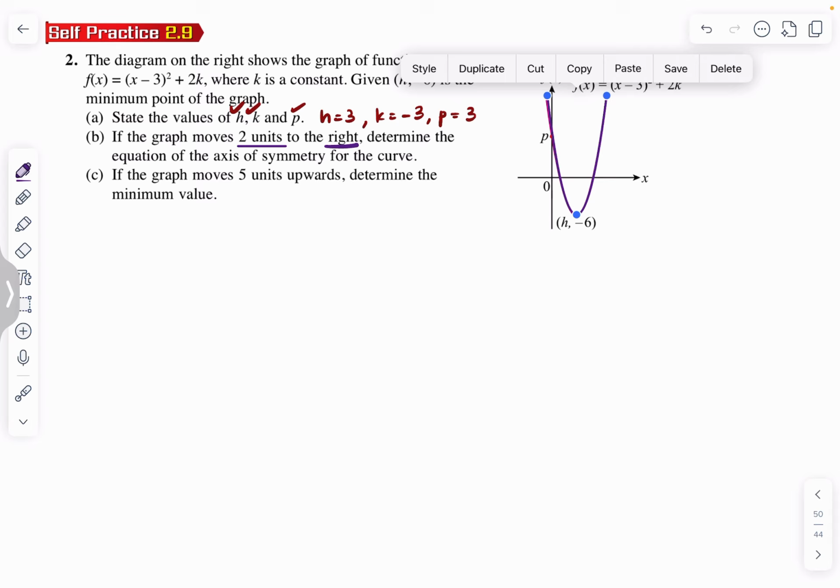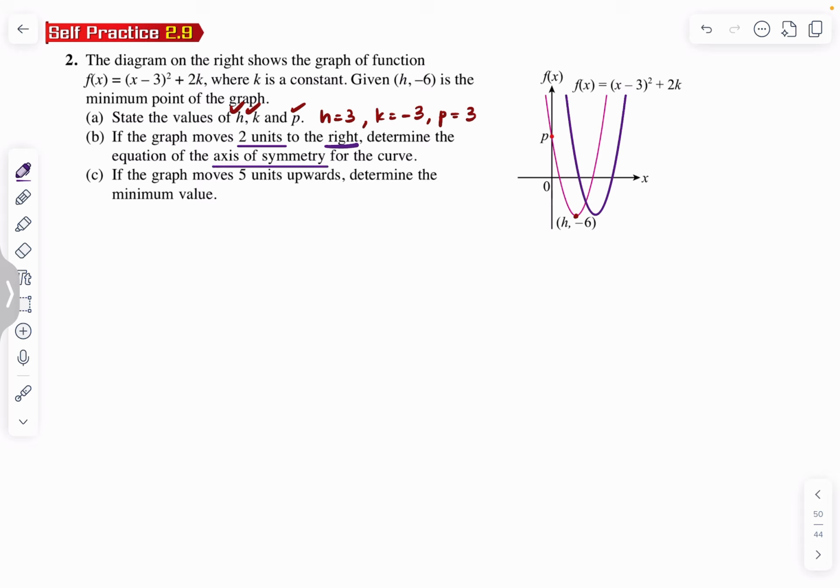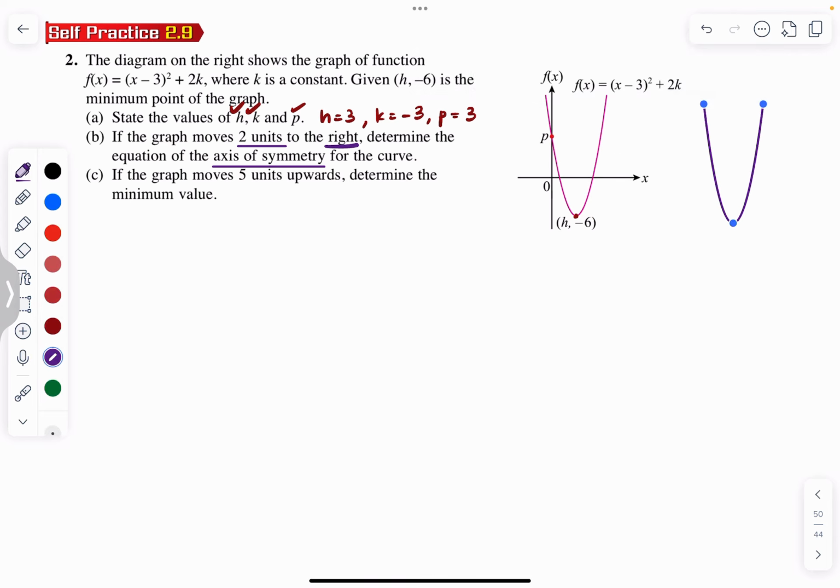The graph is moving 2 units to the right. Determine the equation of the axis of symmetry. So let's forget about this first. We move this up far away. Let's look at the original axis of symmetry. So the axis of symmetry is somewhere here.